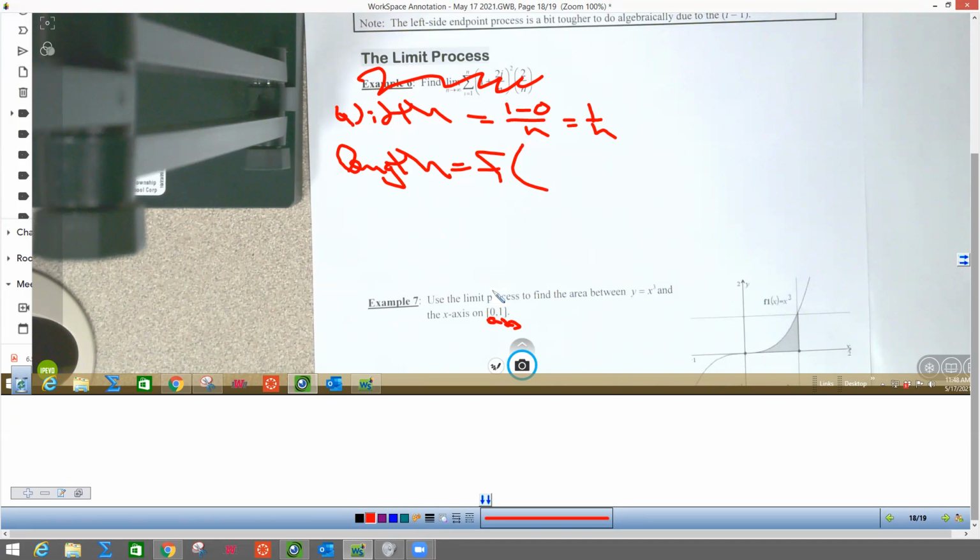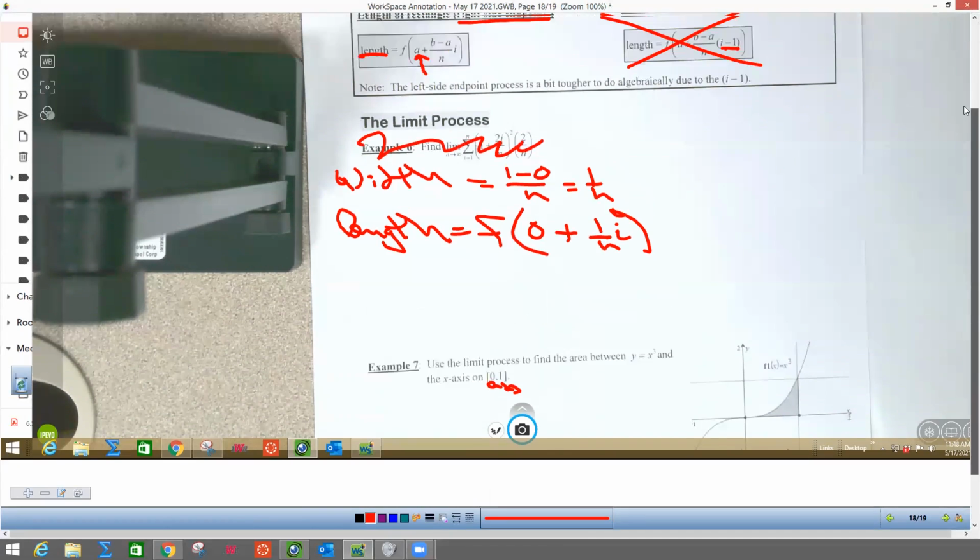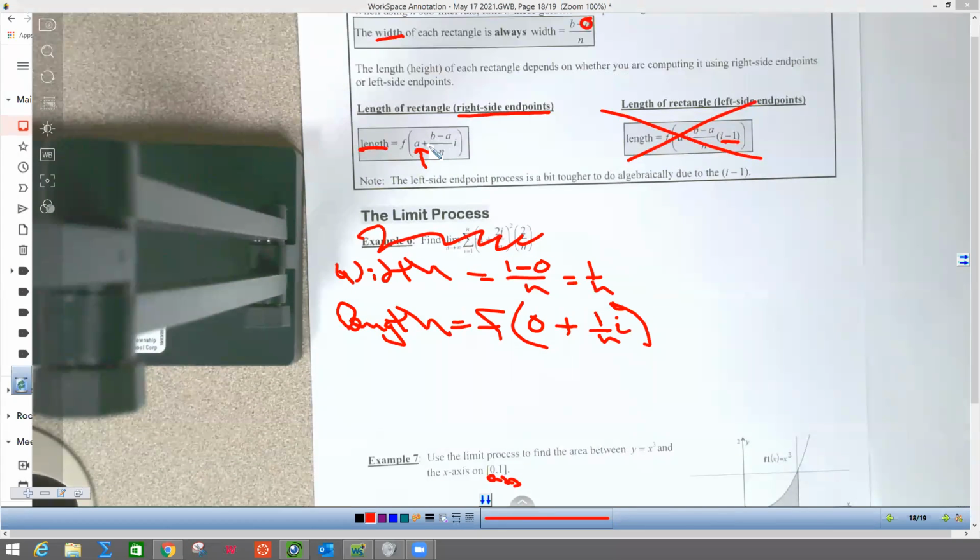Well, your a value is 0, so that's not really going to affect anything. Plus, it's b minus a over n again, so that's still 1 over n, and then we also have an i with that. Again, I'm getting this stuff from up here in these notes. All I did was plug in the numbers from number 7 down here.